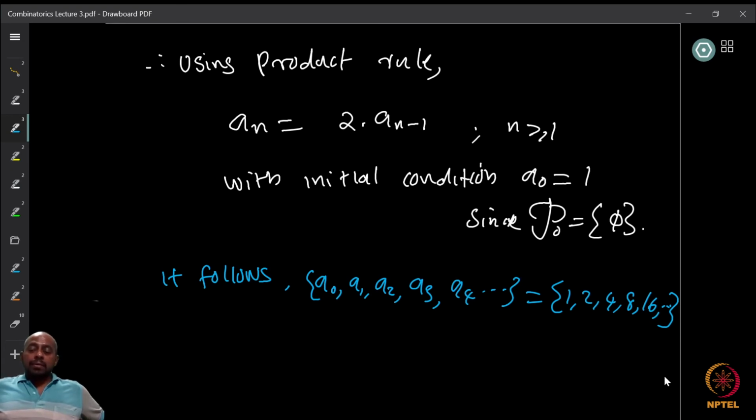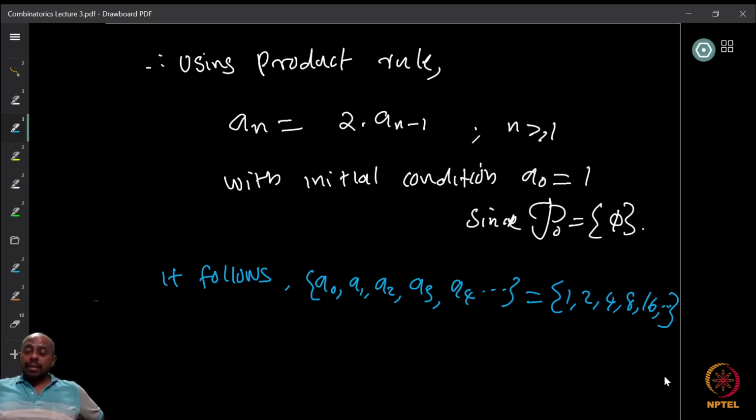Now with the initial condition that we figured out, that is a0 equal to 1, we can try to find the values of an as follows. A0 is equal to 1, therefore a1 is equal to 1 times 2, which is 2, then a2 is 2 times 2, which is 4, then you get 8, 16, etc. for a3, a4, etc. So from this we can guess the value of an.